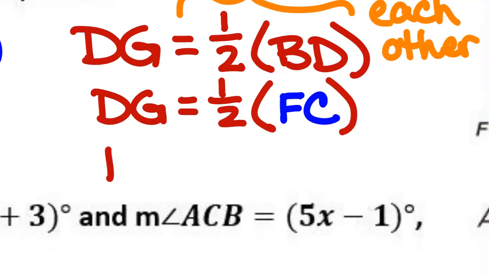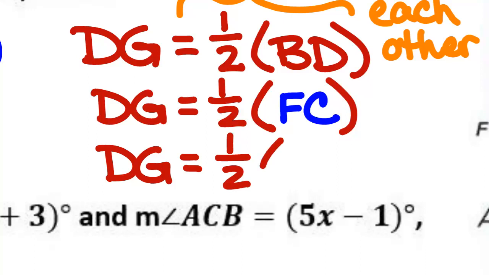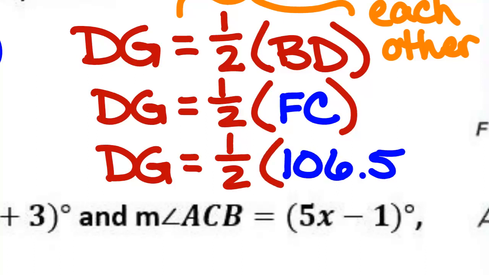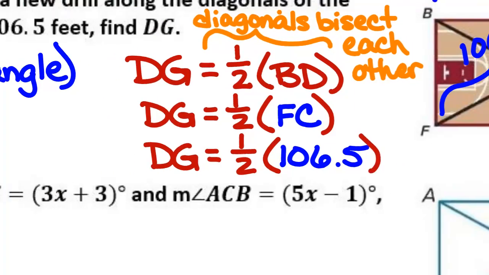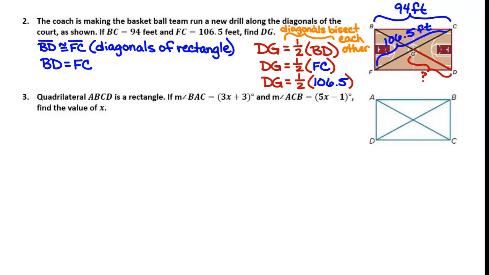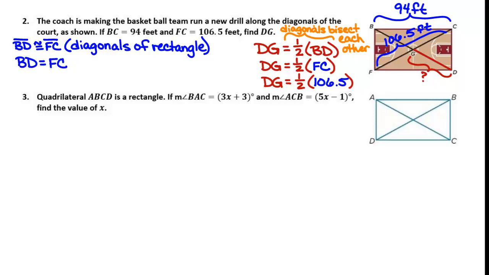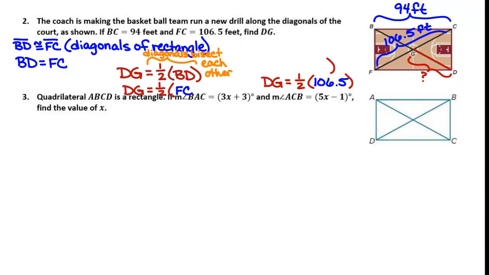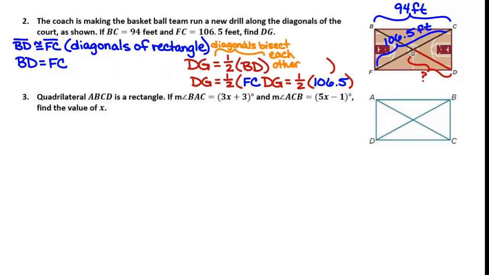How big is segment FC? 106.5 feet. So if I can find half of 106.5, then I know exactly how big DG is. What is half of 106.5? 53.25 is absolutely correct.